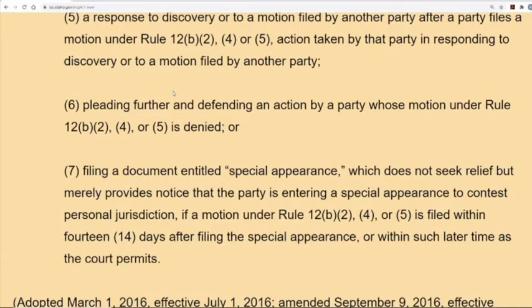If a motion under Rule 12b 2, 4, 5 is filed within 14 days after filing the special appearance, or within such later time as the court permits. Usually, it's within 21 days, because you have the right to respond to that petition.